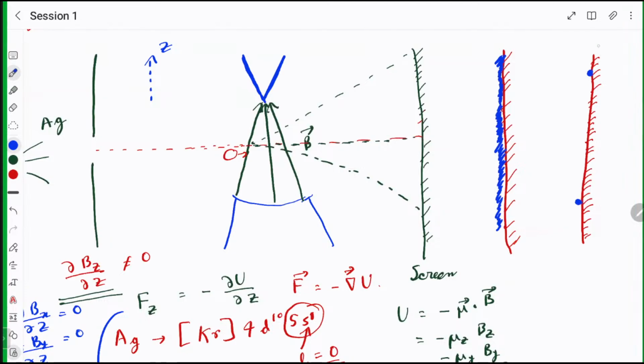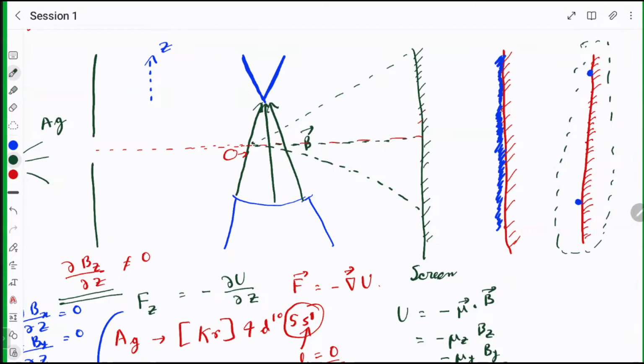This is something we did not expect naively from our classical intuition or from the basic notions of classical mechanics.